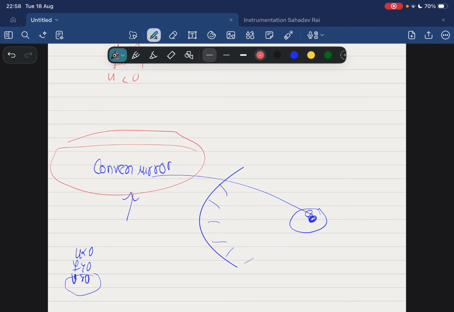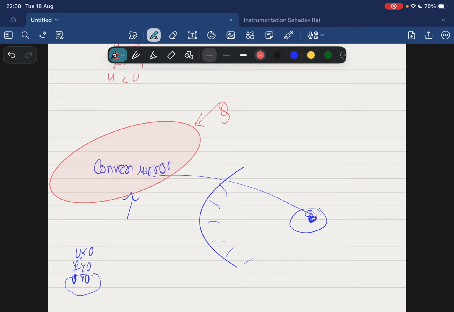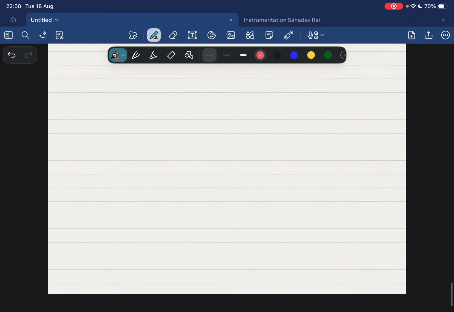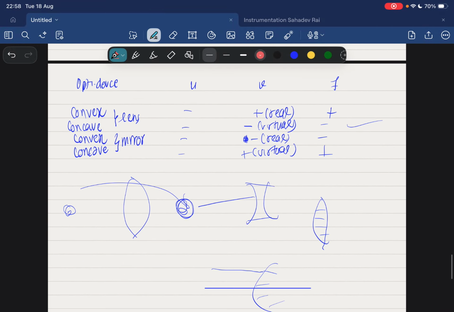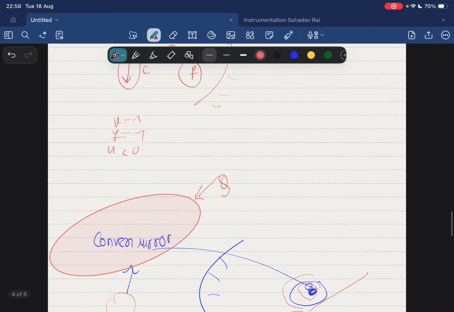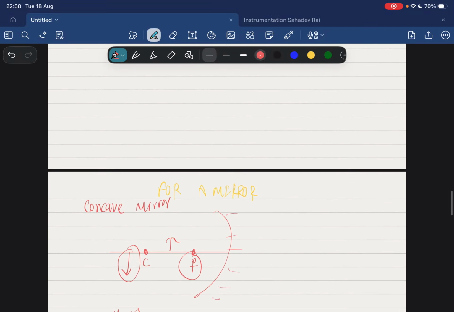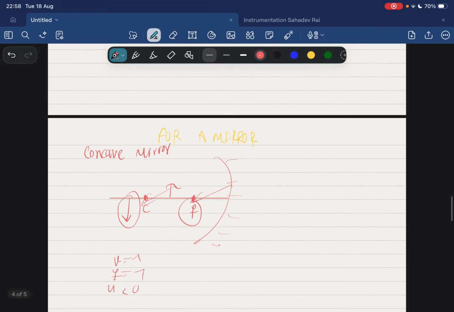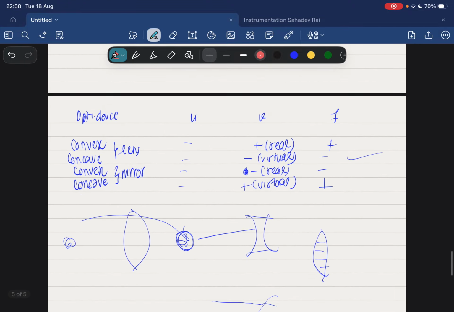For a convex mirror we have the focal point on the right, object on the left, image on the right, just like it. And for a concave mirror the same thing applies, we have the focal length on the very left, and we have this master table. I hope we don't have any confusions for that.